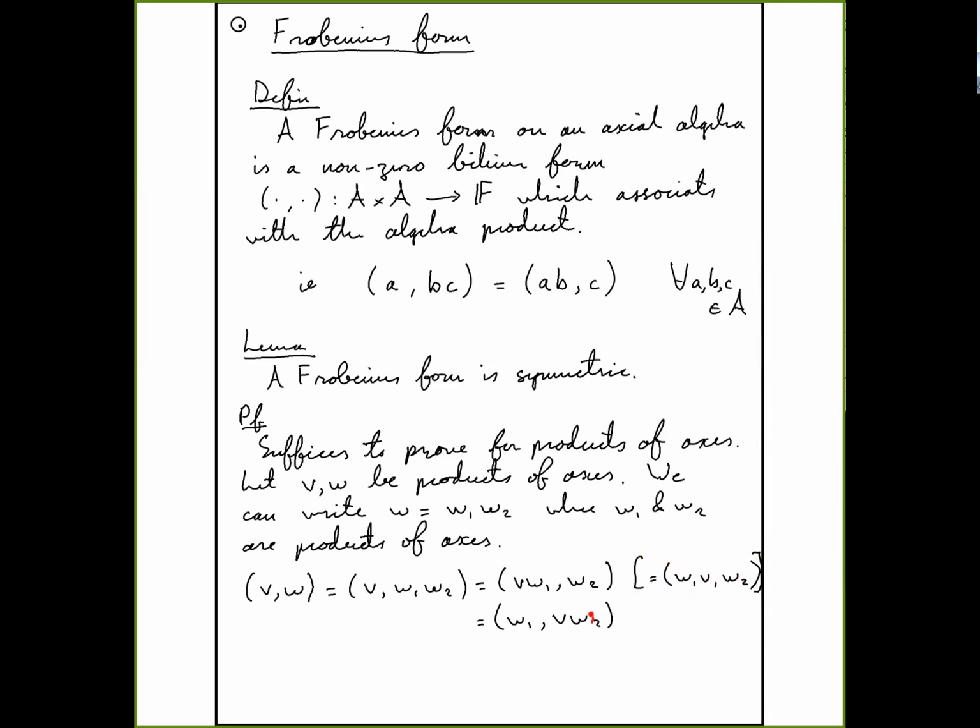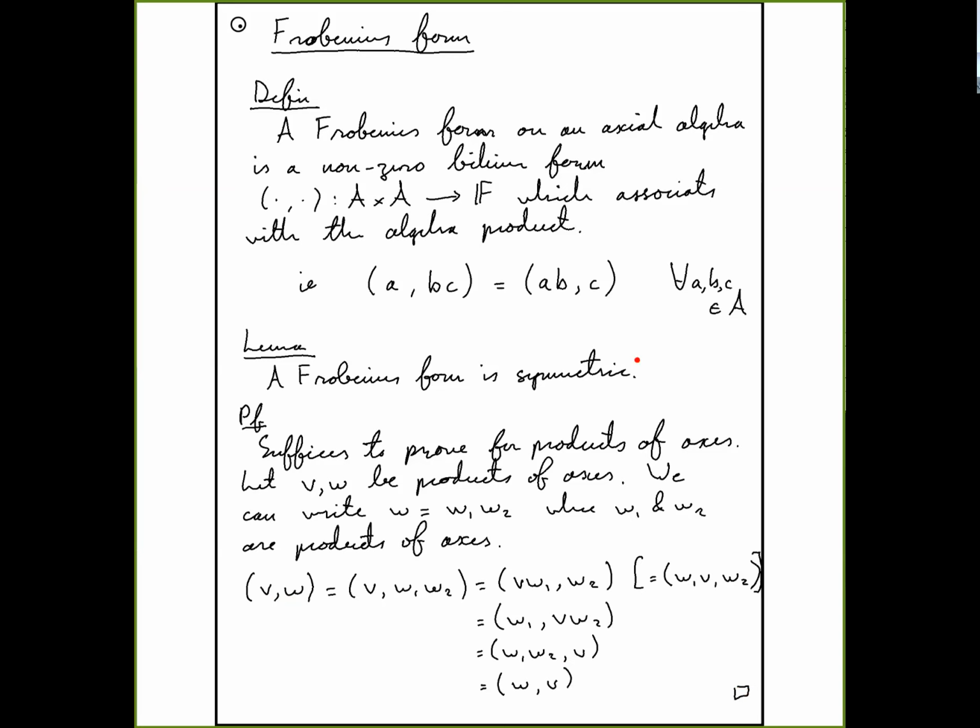And now again here, I really want just V on this side, so I can do the same trick again and move W2 over and get W1, W2 with V. And now just remember that that is W with V, and hence I've shown that V comma W is equal to W comma V. That's the end of the proof here.